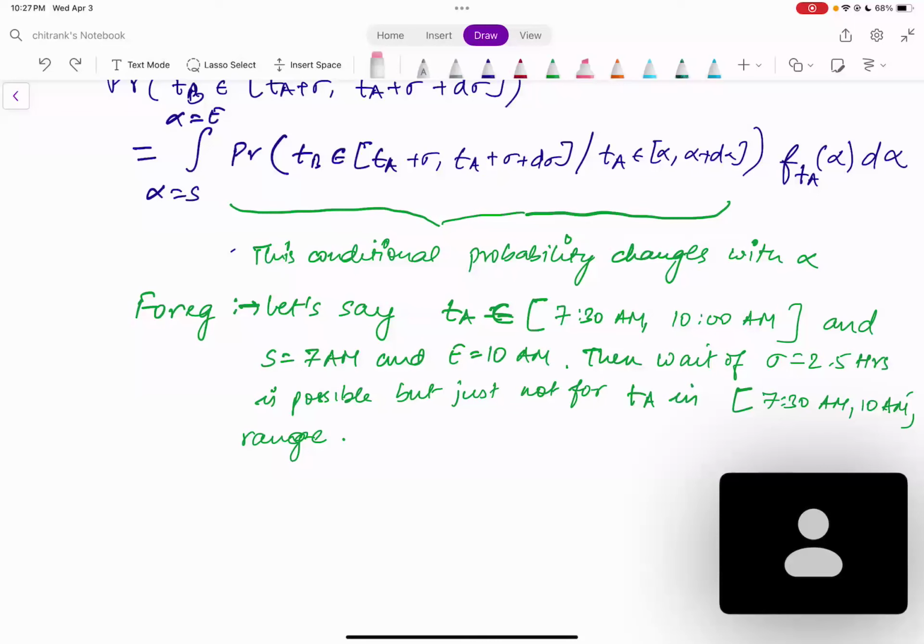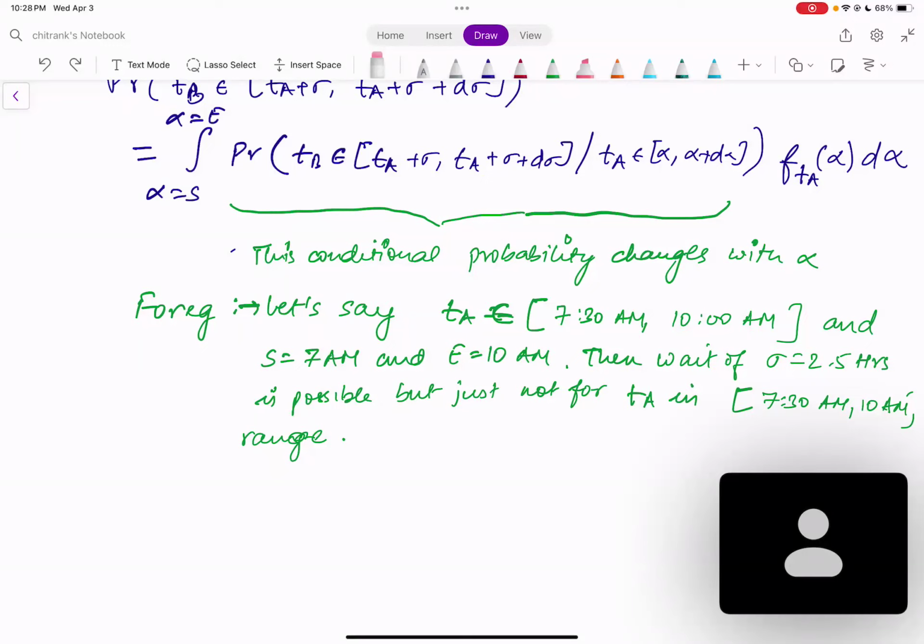So let's say, for example, the wait is 2.5 hours. Okay, so what does it mean that the wait is 2.5 hours? Or for example, suppose we want to calculate the probability or the density function for sigma equals 2.5. So we know that if sigma is 2.5, then that means that B will have to arrive at TA plus sigma, okay, somewhere around that, right, for sigma to be 2.5.